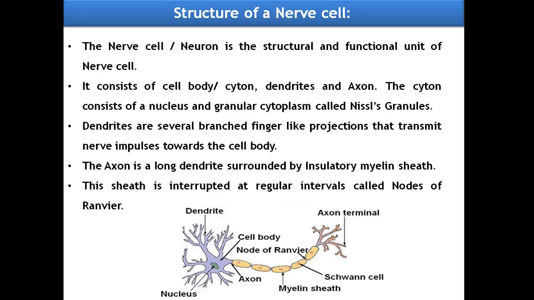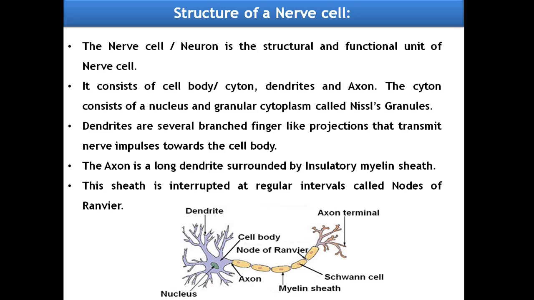The cell body consists of a nucleus and the granular cytoplasm called Nissl's granules. Basically it consists of cyton, dendrites and the long extension called axon.